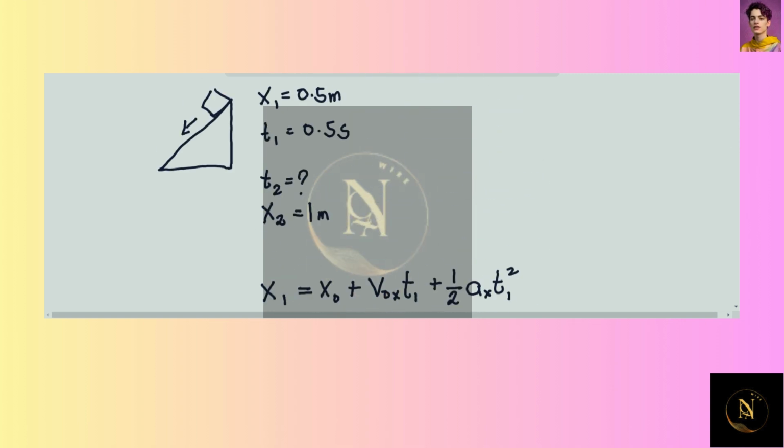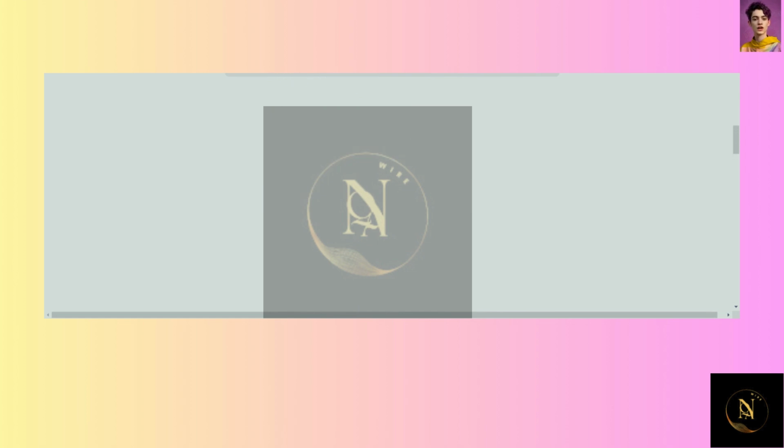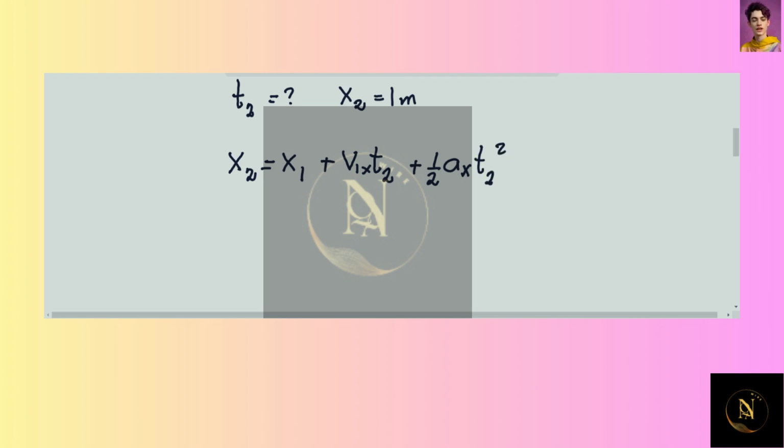Now, to find the time it will take to reach 1 meter, we will use again the formula for displacement, which is this one. x sub 2 is equal to x sub 1 plus v sub 1x multiplied by the time that we are looking for, t sub 2, plus 1/2 multiplied by the acceleration, a sub x, and then the time, t sub 2 squared.